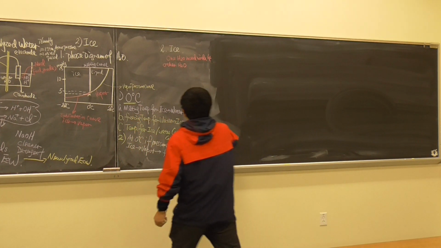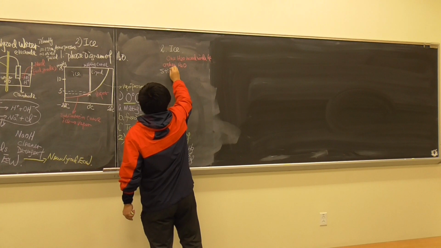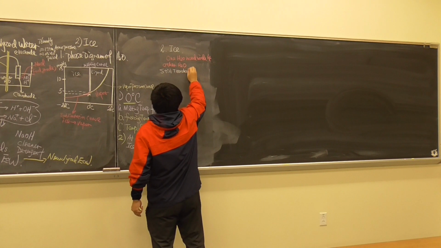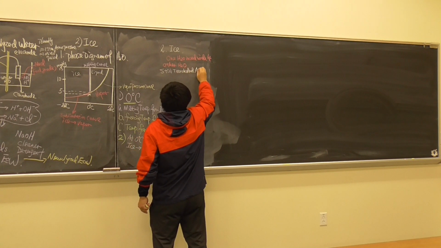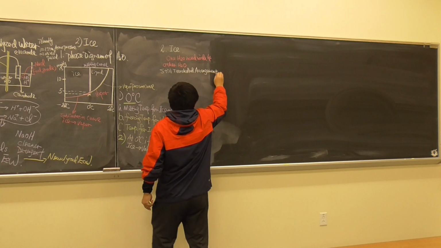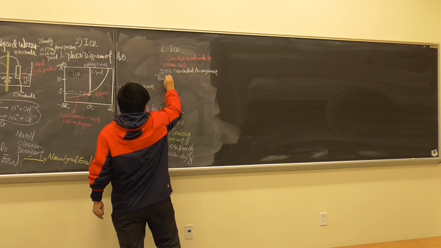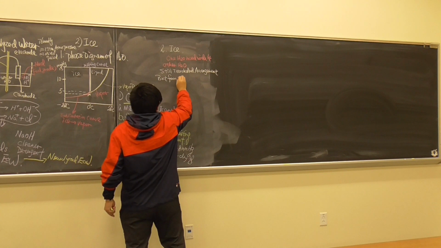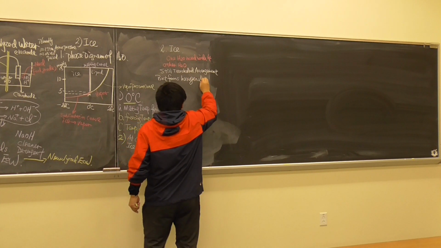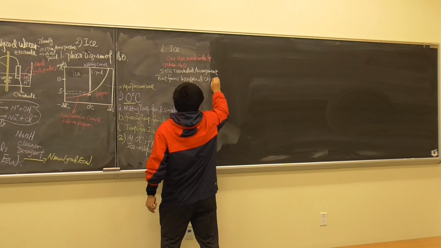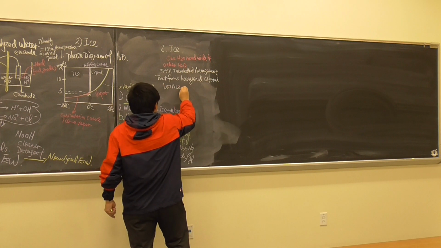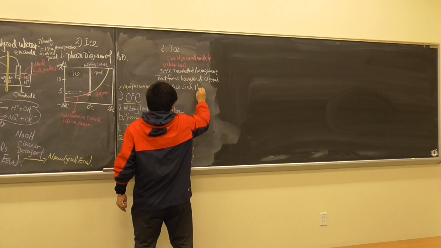It is still a tetrahedral arrangement, but forms a hexagonal crystal lattice with halos.